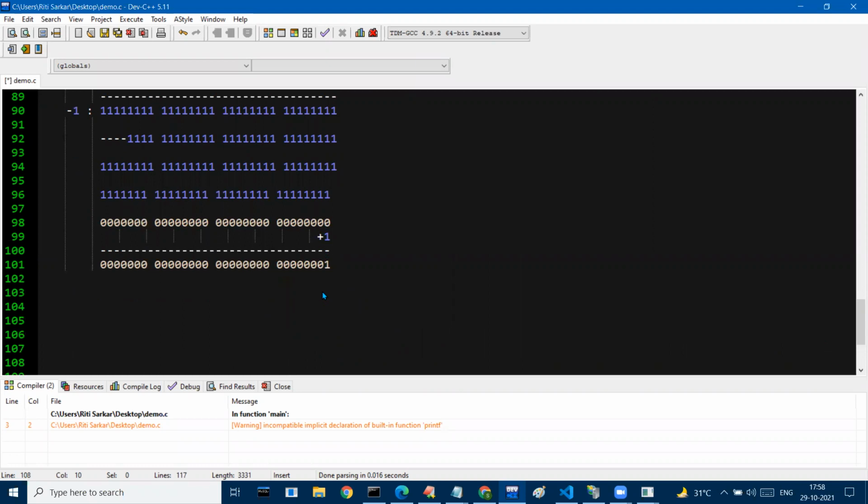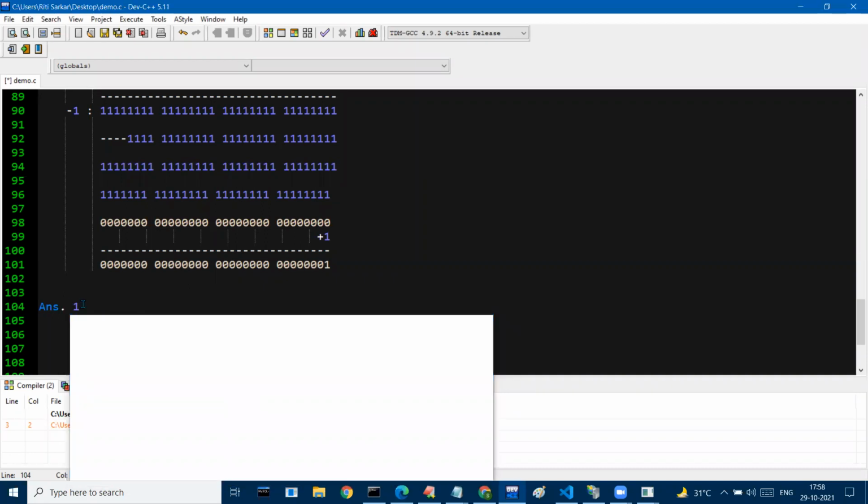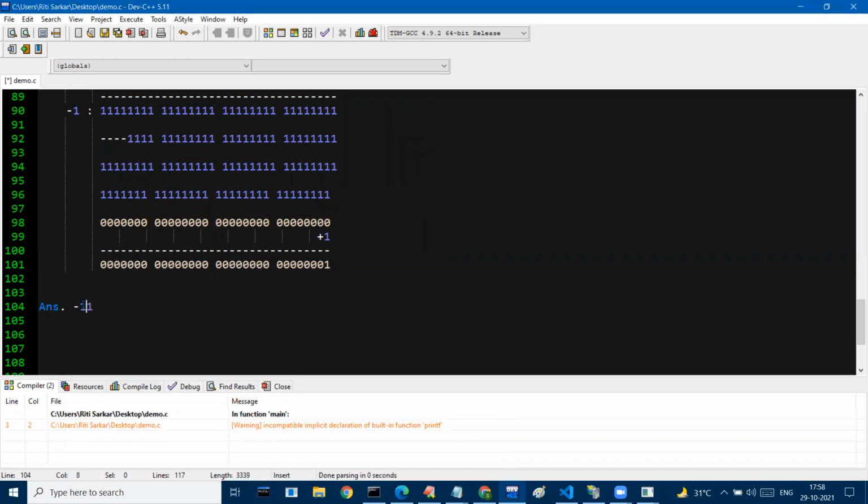Okay, now so this is the number, but is this your correct answer? No, sir. Finally you have to add that minus sign. Na? What is the answer? 1? No. Minus 1. Let us verify it once.